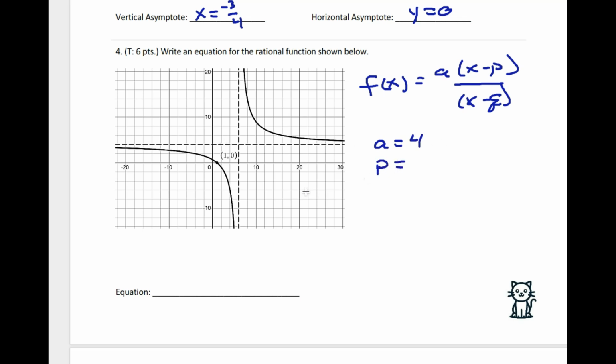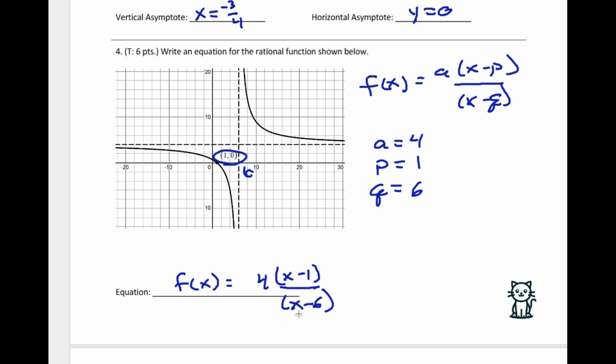P is the location of the 0, which is at 1. It's labeled here. And q is the location of the vertical asymptote, which is at 6. So actually we have everything we need. We can just put this in, and f of x is equal to 4 times x minus 1 divided by x minus 6. Okay, done.